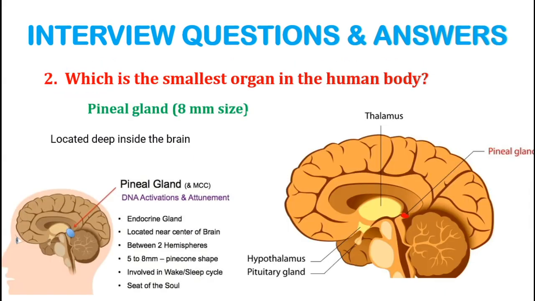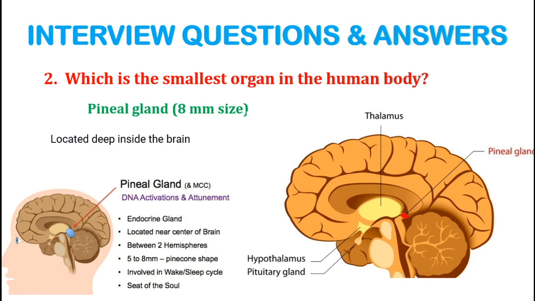And the next question is, which is the smallest organ in the human body? Here the answer is the pineal gland, which is 8 millimeters in size, and the pineal gland is located deep inside the brain. This is some information related to the pineal gland.